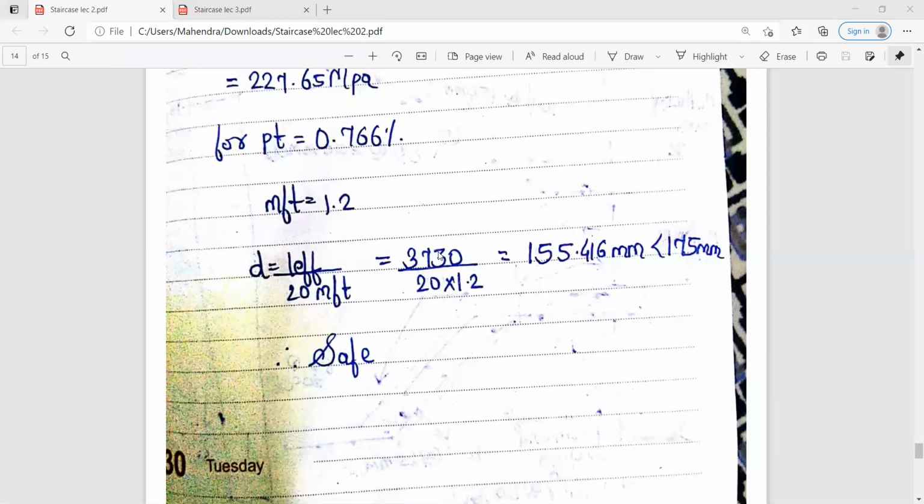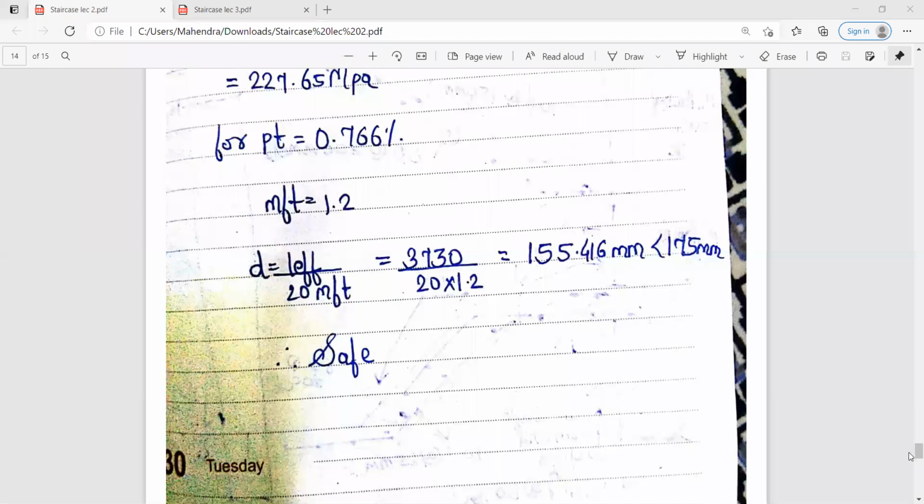After doing the calculation, you get the D value as 155.416, which is less than your earlier D that you have taken in step number 1, when you started with the design of landing and mid landing, Part B. At that time, you had considered the value of D as 175. So it is less than that value. So your design is safe over here. So your design is safe for the deflection. So this is the last step for your sum.